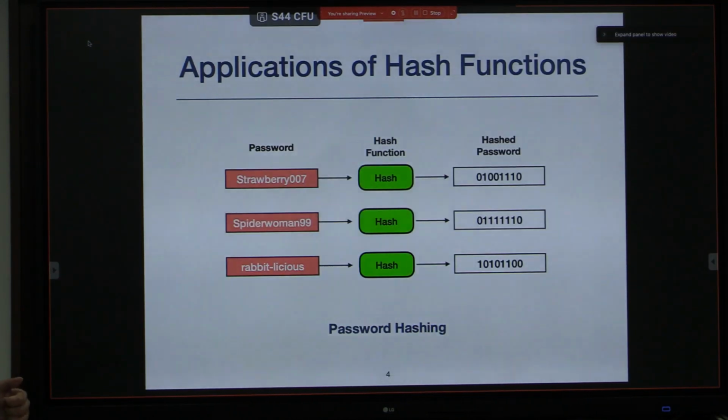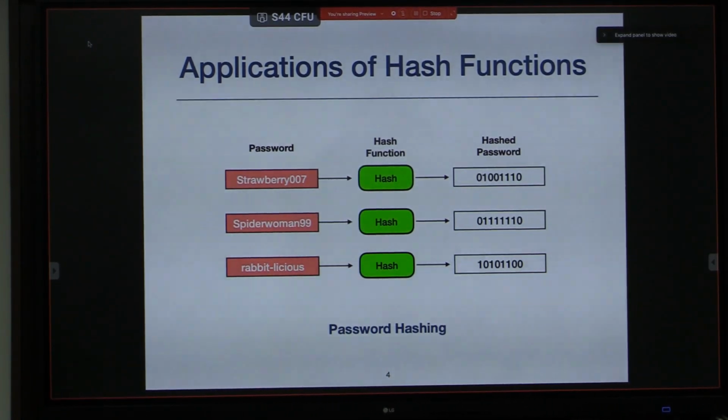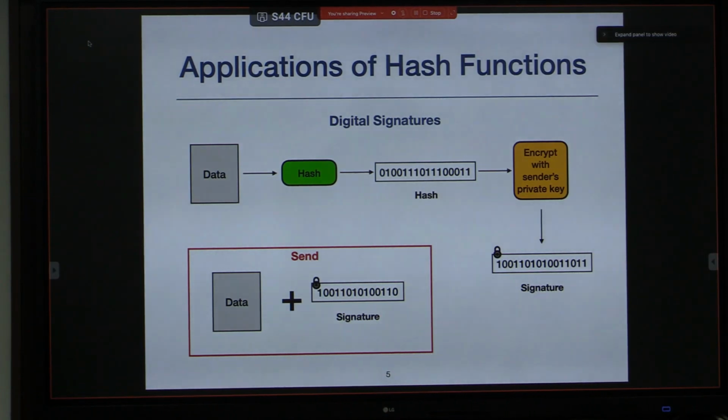So first I'll give you some applications where they're used. Say password hashing. Here you can see there are three passwords of different length. After you apply the hash, the output is fixed length strings. Another application is digital signatures. There you can take files of any size.